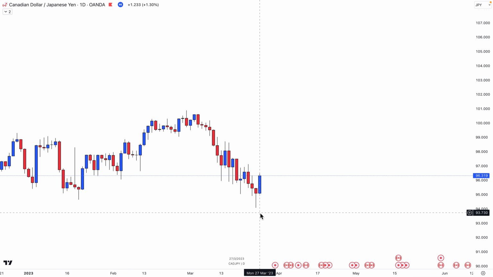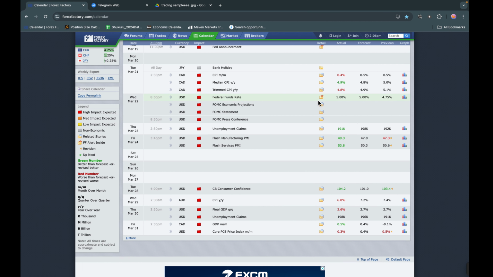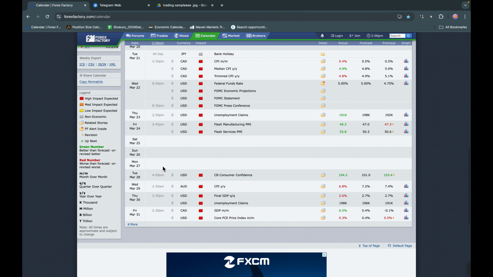So let's go to the calendar and see if Tuesday, 28th is a valid trading day, because you can see that on Monday we will not be trading. Going to the calendar, you can see that both Tuesday, March 28th and Wednesday, March 29th, and even Monday to Friday, all these days are valid days to trade.